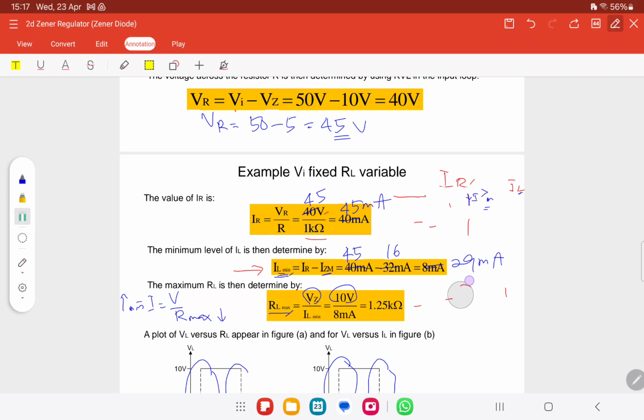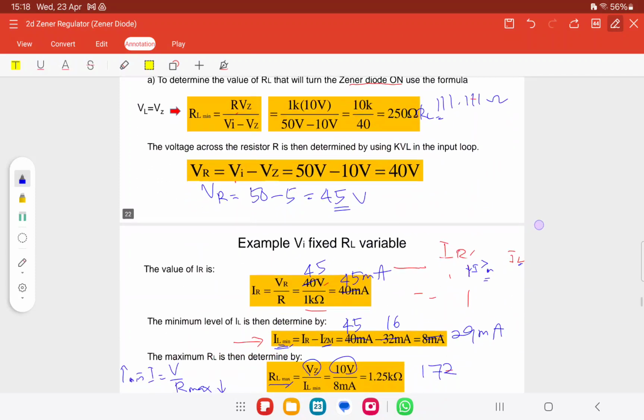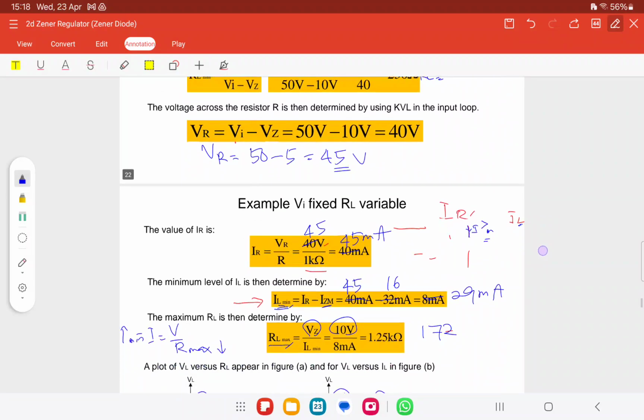172.41. This is 1.25K. Oh yes. VZ, our VZ, what is the value? 5 over 29 milli, 172.4 ohm.